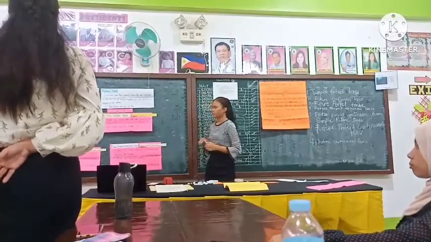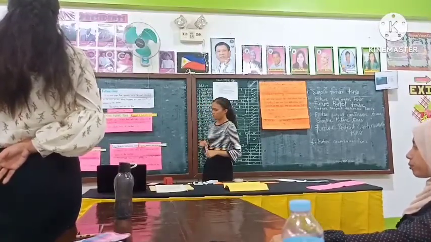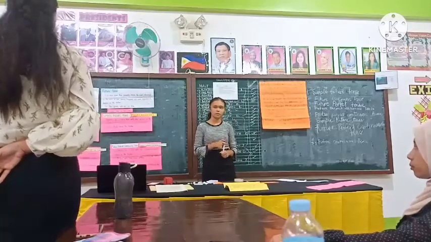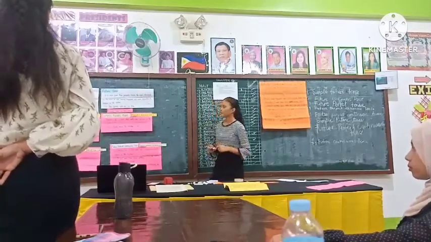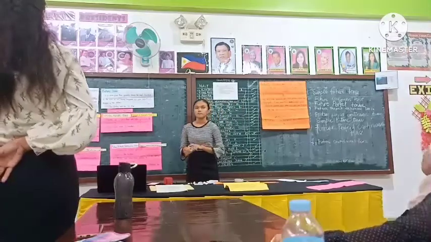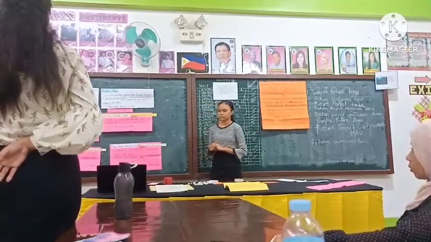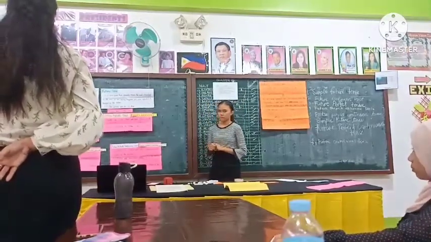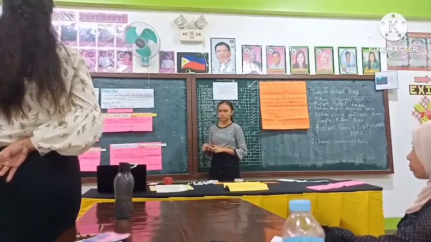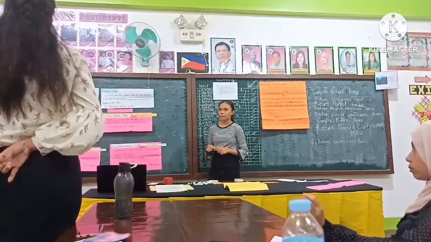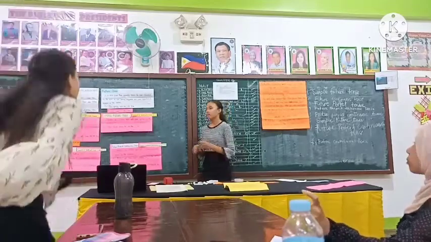Then the future perfect tense is an action that will be finished by a particular time in the future, and you identify it by the use of will have or shall have. Okay, very good.